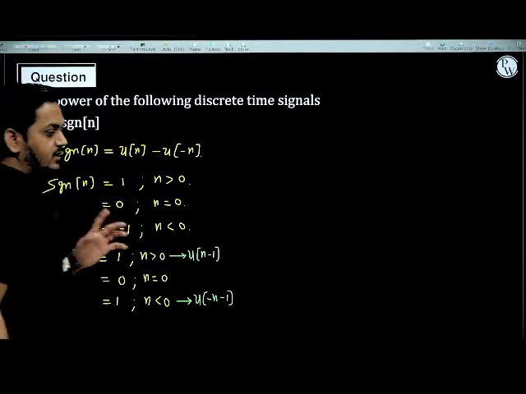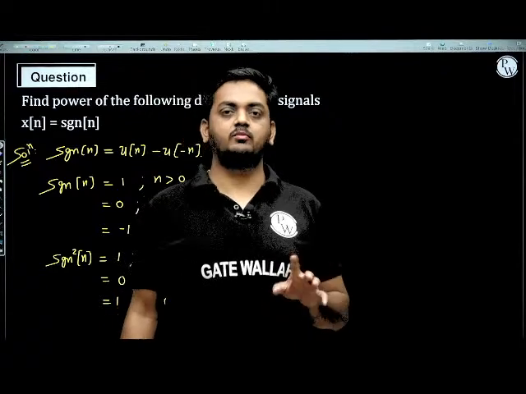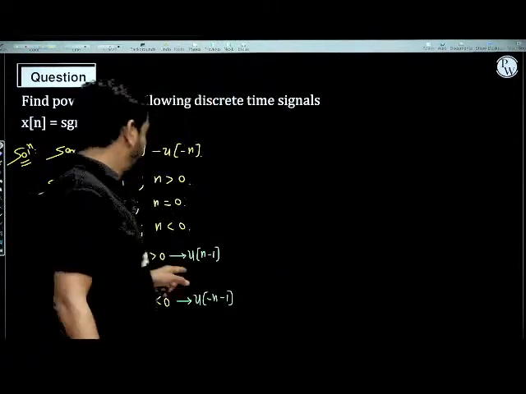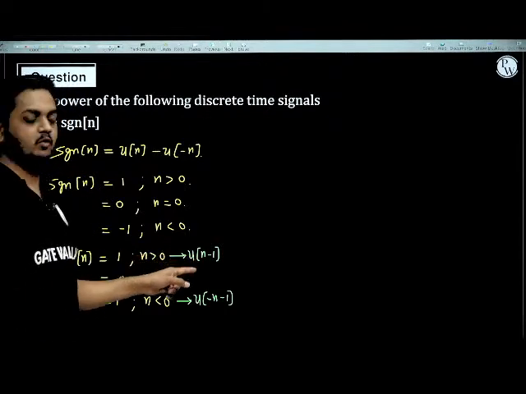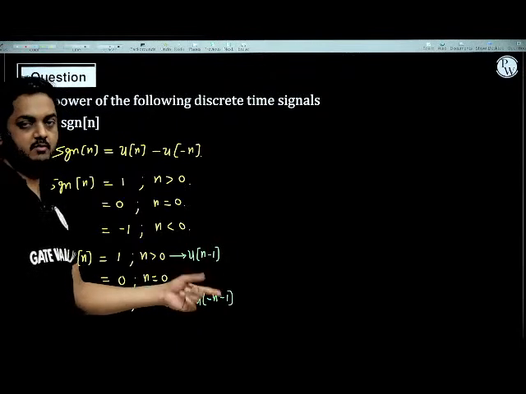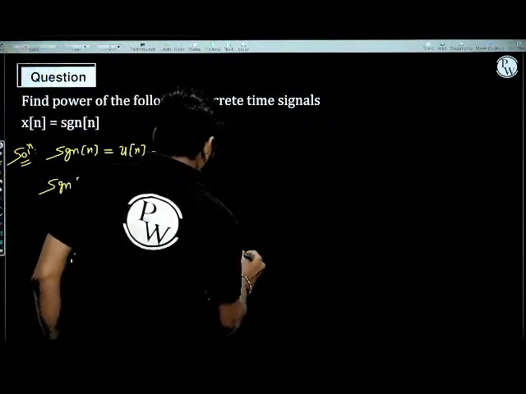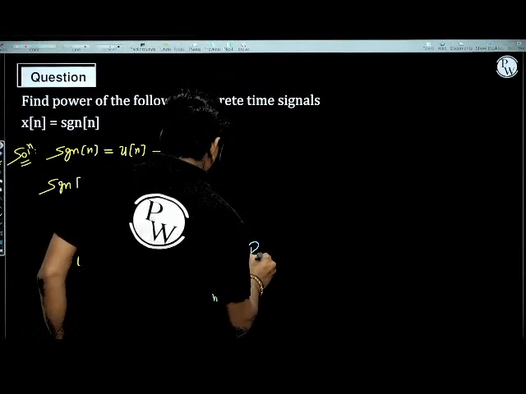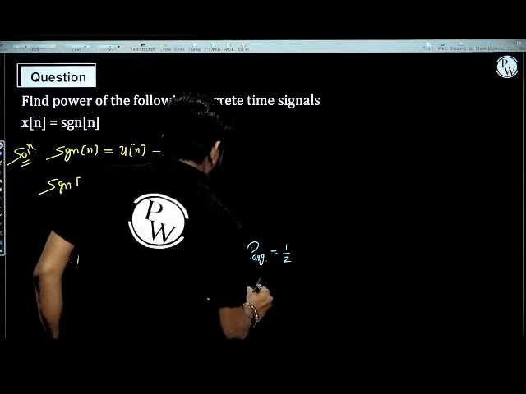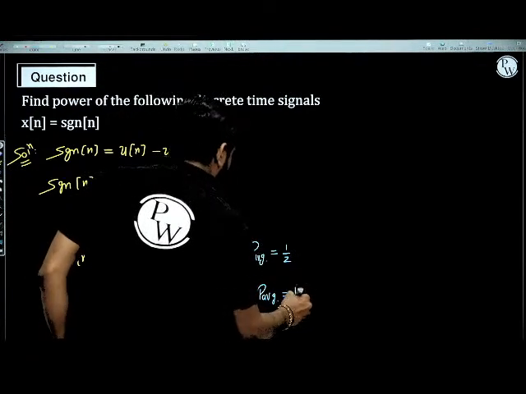Now already I told you guys, the time shifting operation doesn't alter the power of the given signal. If the power of u of n is 1 by 2, then of course the power of u of n minus 1 will be 1 by 2, and the power of u of minus n minus 1 will be 1 by 2. Time shifting and time reversal operations don't alter the power of the given signal. So here the average power is 1 by 2, and here also 1 by 2, and at n equal to 0 the power is 0.